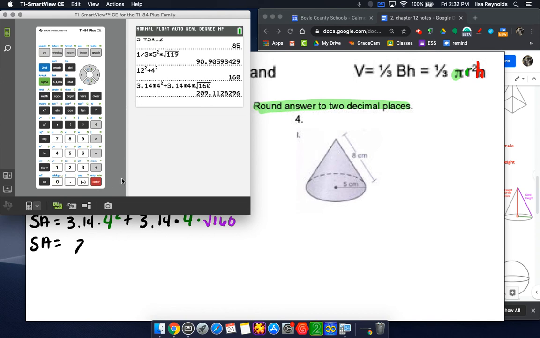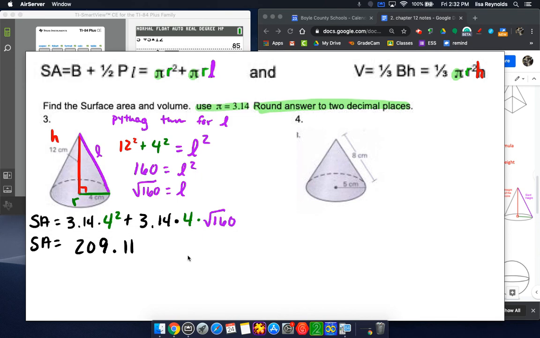So this is 209.11 to 2 decimal places. Everything here is in centimeters and areas are square units.